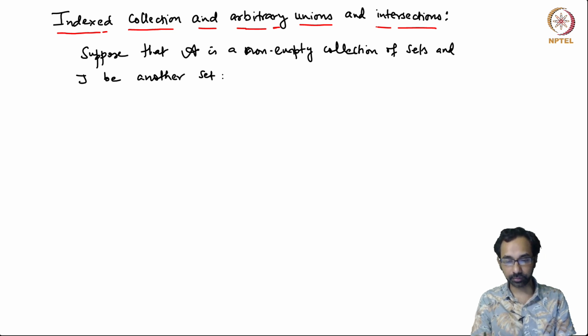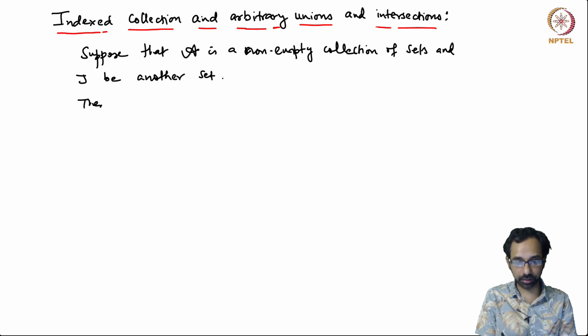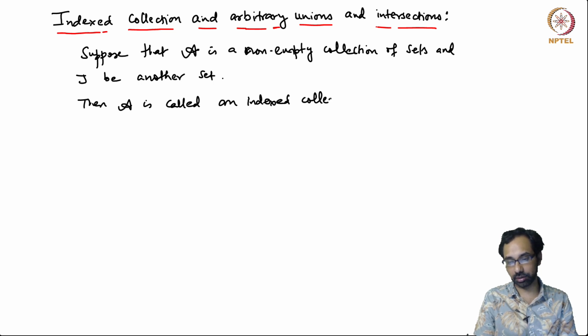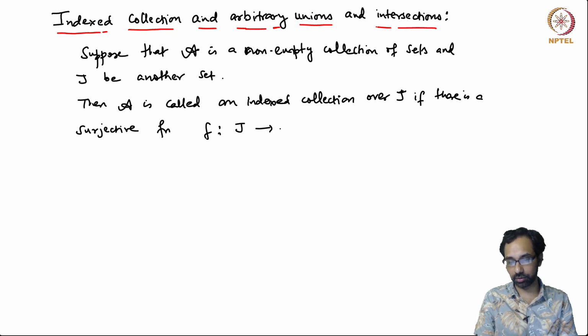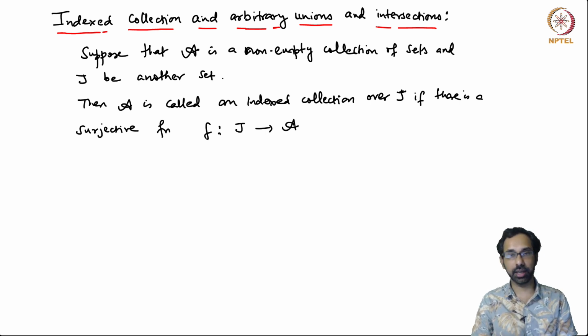Then A is called an indexed collection over J if there is a surjective function f from J to this collection A.